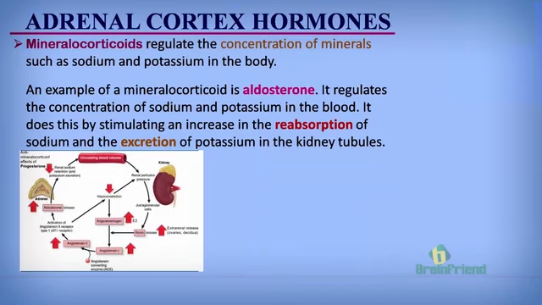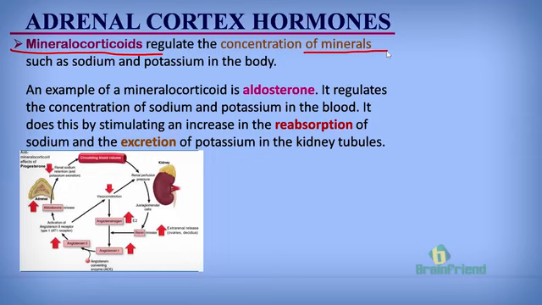The second group of adrenal cortex hormones is the mineralocorticoids. Mineralocorticoids regulate the concentration of minerals. They regulate the metabolism of salts in the body. They help to balance the concentration of salt in the body to keep the body system stable.